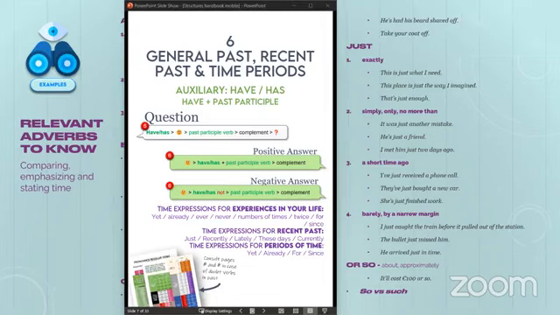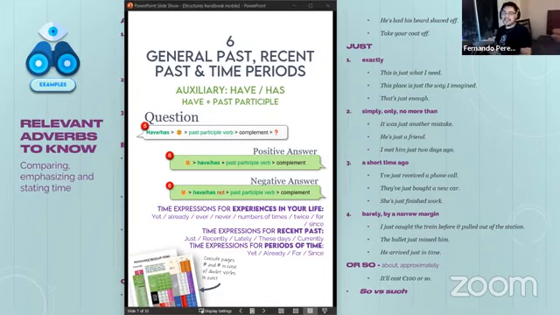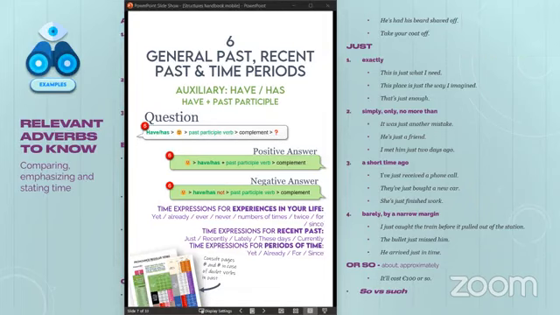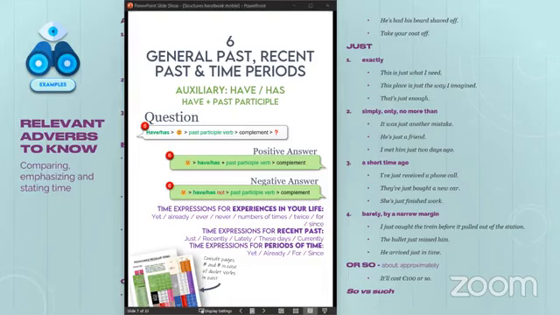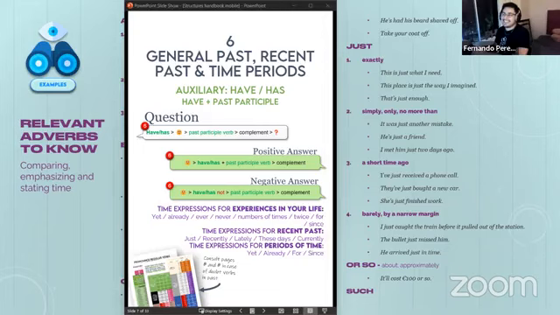But it's not necessary to say a few seconds ago, because the word just means that. Can you repeat? I have just learned the use of just. Precisely. Good job. Excellent example.